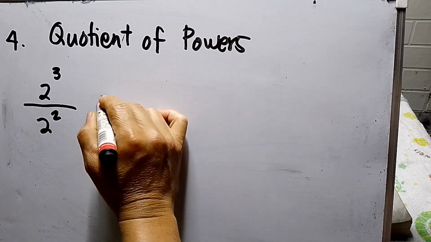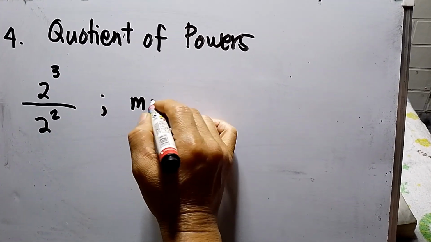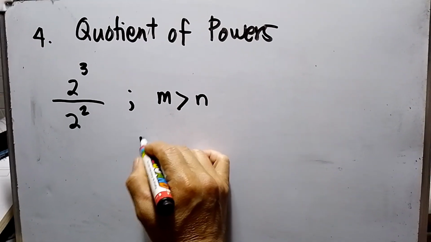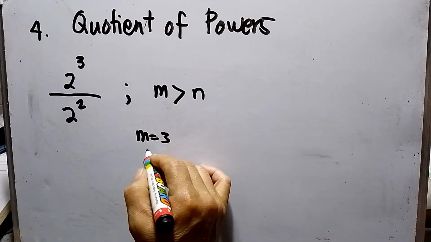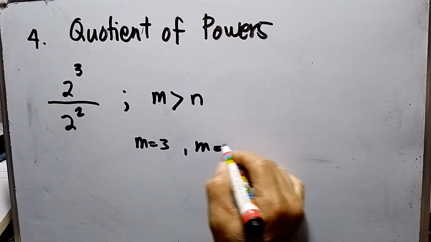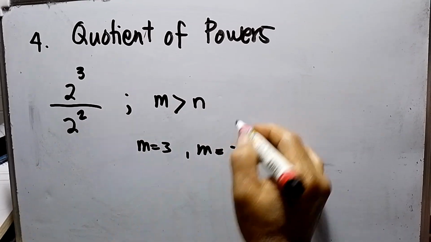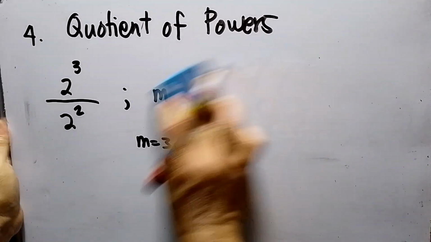So take note, this is m greater than n. Look at the exponent of the numerator, which is 3, while the denominator is 2. So the numerator exponent is greater than the denominator exponent.